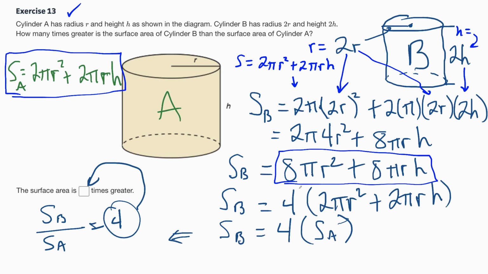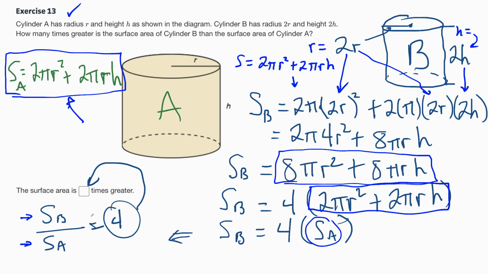And it would be nice if I could make this formula look similar to this one. And I can if I factor out 4. So I do that. And when I do that, then what's left inside of the parentheses is just the surface area of A. So I can tell that surface area of B, I make another ratio where I put the surface area of B over the surface area of A, and it equals 4.